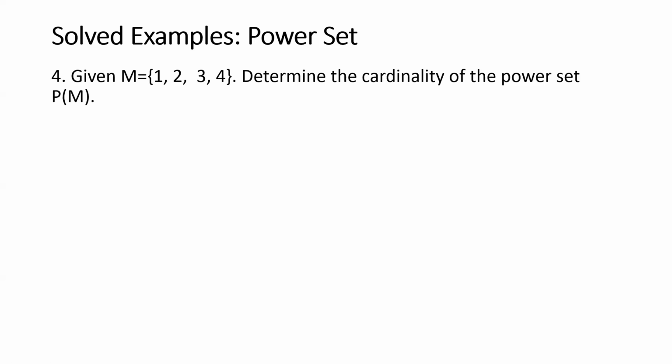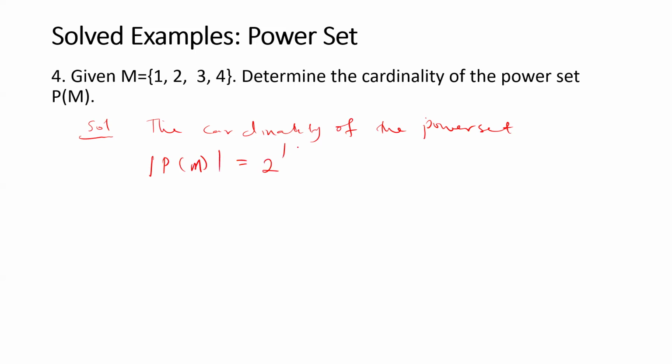Given M equals {1, 2, 3, 4}, determine the cardinality of the power set P of M. So again, solution: the cardinality of the power set P of M is equal to 2 raised to power the cardinality of M, and that gives us 2 raised to power 4, which is equal to 16.